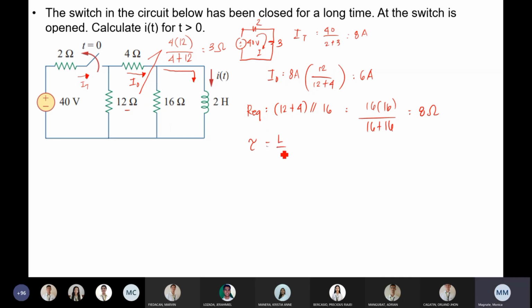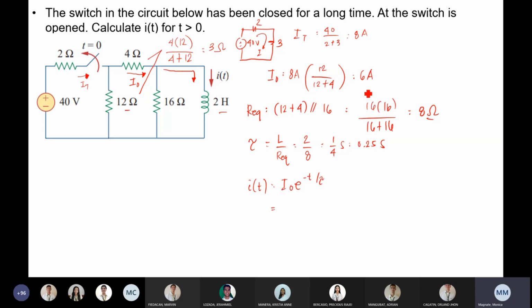Tapos, meron na tayong R equivalent, pwede na tayong mag-proceed sa pag-solve ng tau. So, yung tau natin ay L over R or L over REQ. 2 over 8. Okay? 2 Henry over 8 ohm. So, this is 1/4 second or lagyan natin 0.25 seconds. So, pag sinolve natin yung I of t, yung formula nun I sub O e raised negative t over tau.